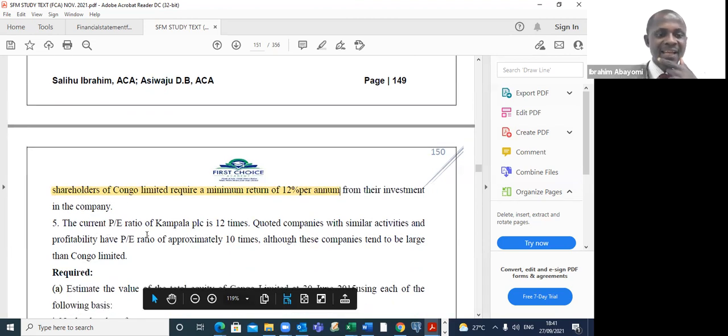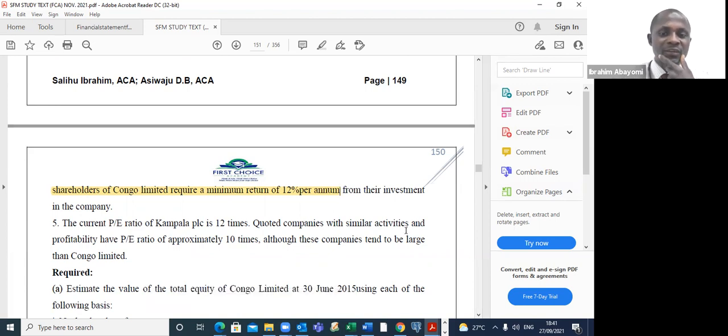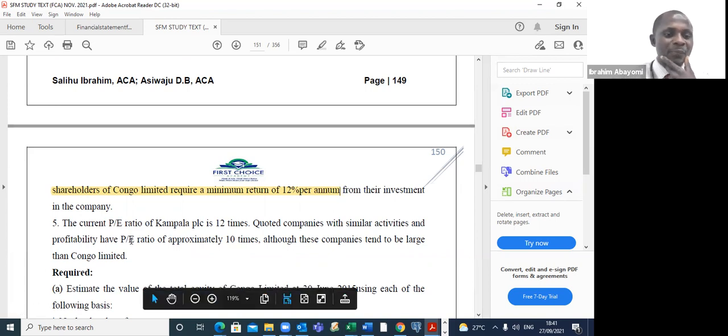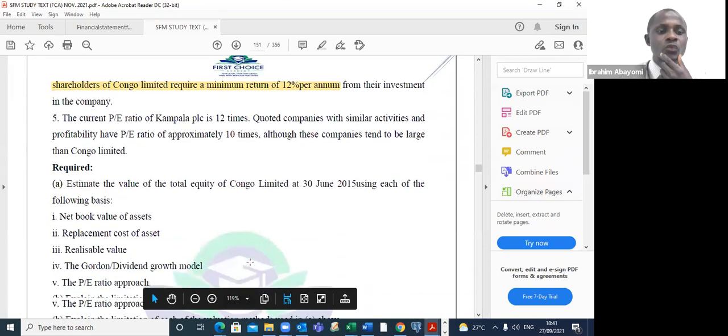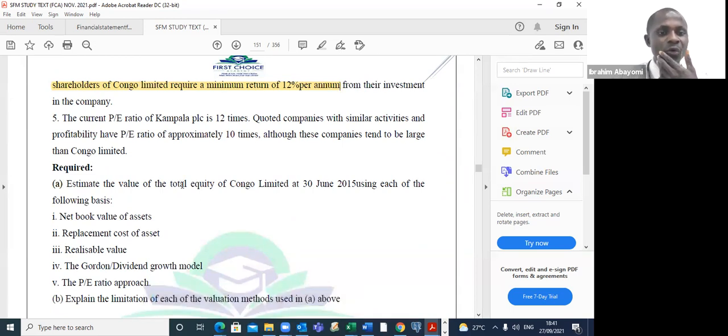The current price earnings ratio of Kampala PSC is 12 times. Quoted companies with similar activities and profitability have a price earnings ratio of approximately 10 times, although these companies tend to be larger than Congo Limited. Estimate the value of the total equity of Congo. What are you asked to compute?